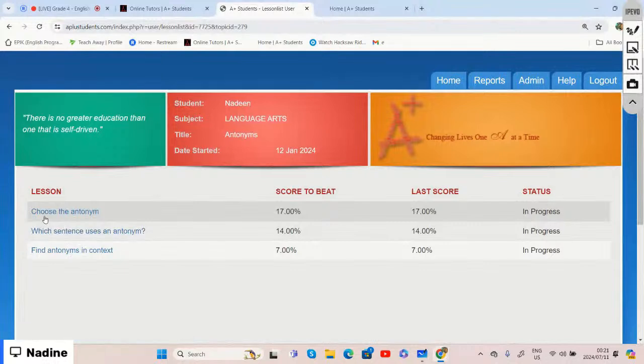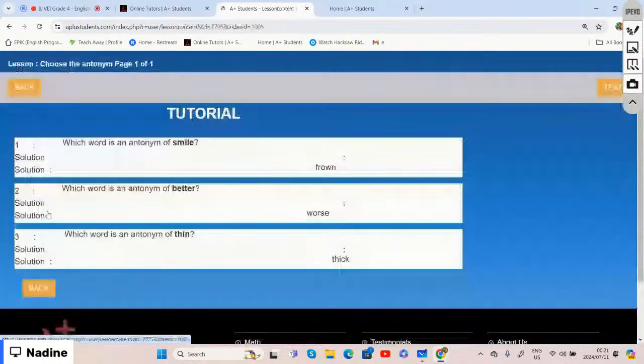All right. So now we're going to choose the antonym. We are going to choose the specific antonym, right? And it's basically given to us already.